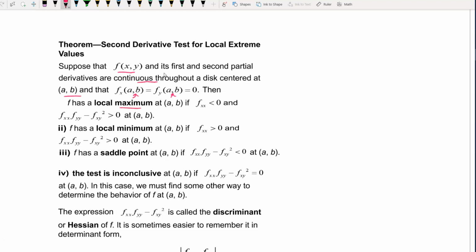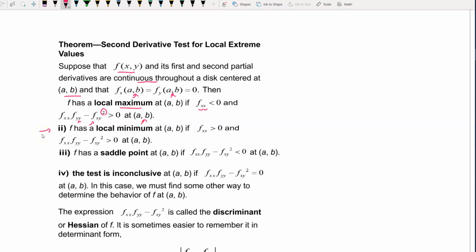Then f has a local maximum at a, b if the second partial derivative of f with respect to x, x is less than 0, and the second partial derivative with respect to y, y minus the second partial derivative with respect to x, y squared is greater than 0 at this point.